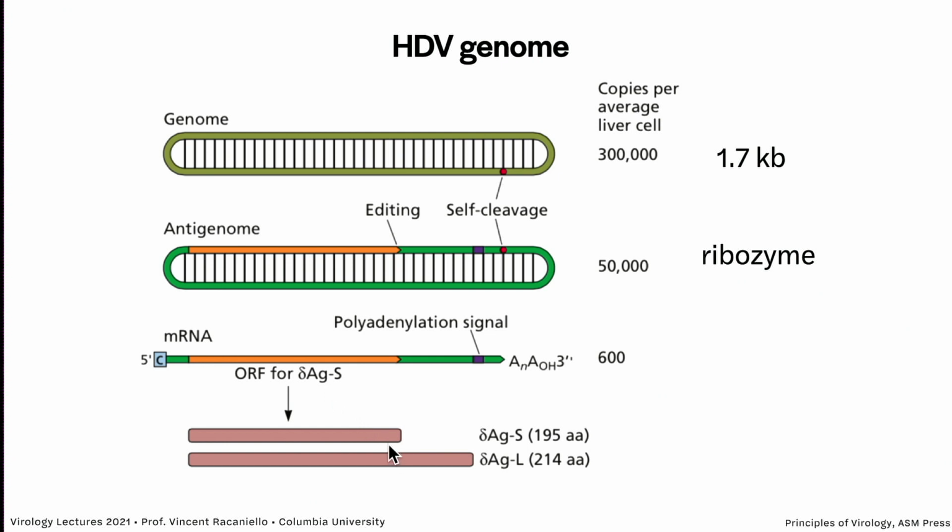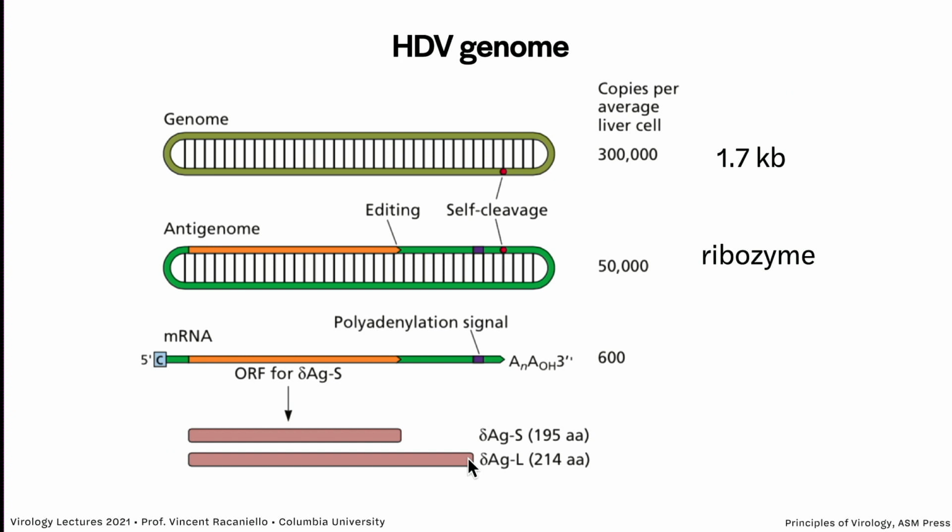And there are two different delta antigens. They're the small and the large delta. Small is made by translation of the open reading frame shown here in orange. But RNA editing occurs on a subfraction of these mRNAs and removes the stop codon so that you get a slightly longer protein.